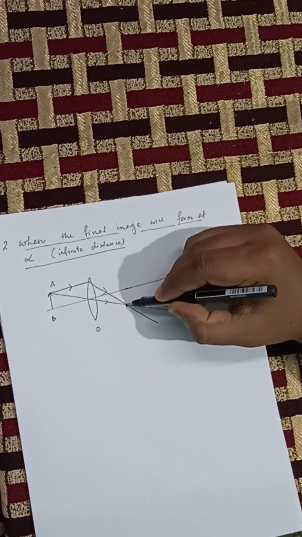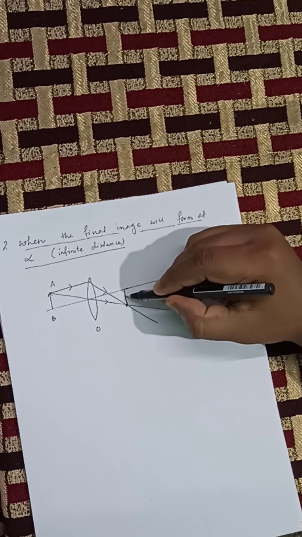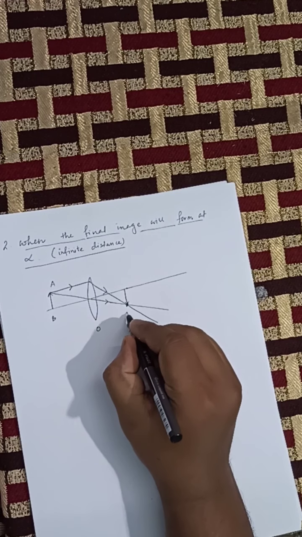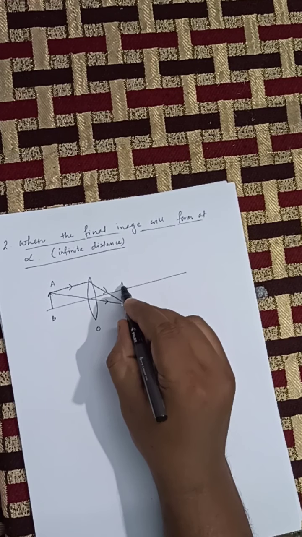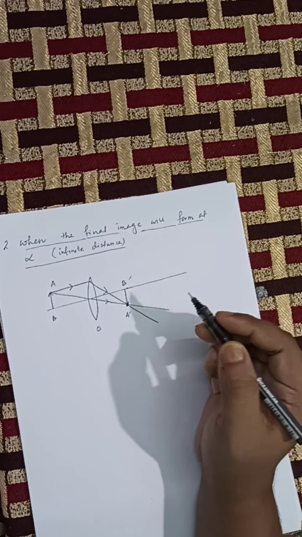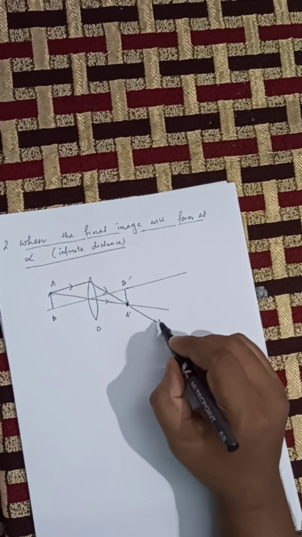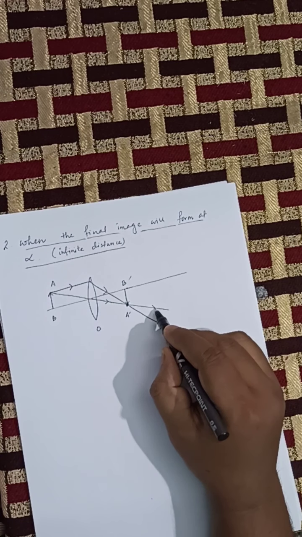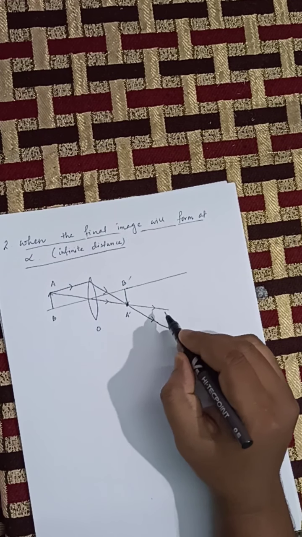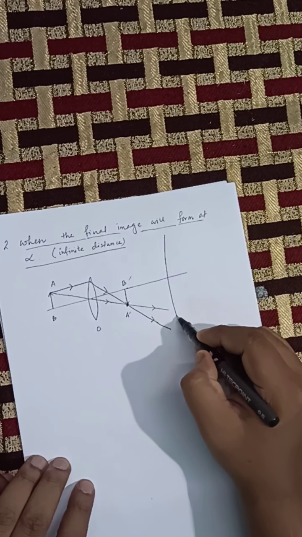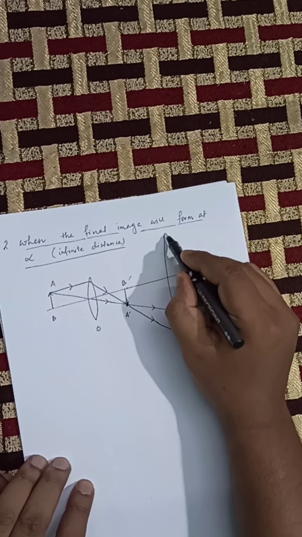So here this will be the image of the objective lens, that is A dash B dash. Okay. Now these two refracted rays, they will again incident on the eyepiece lens, isn't it?